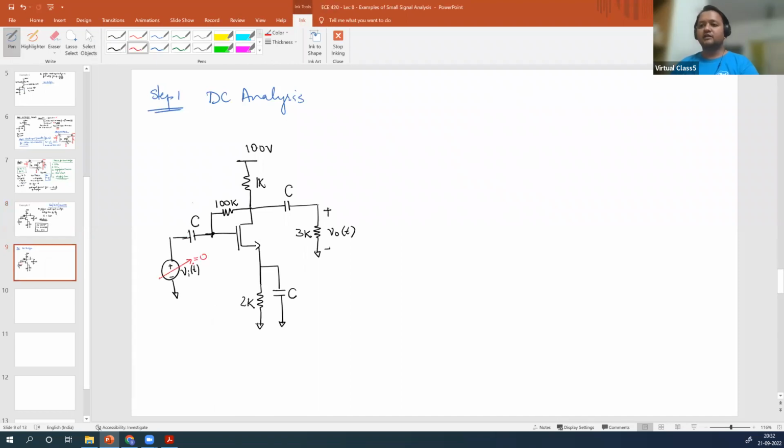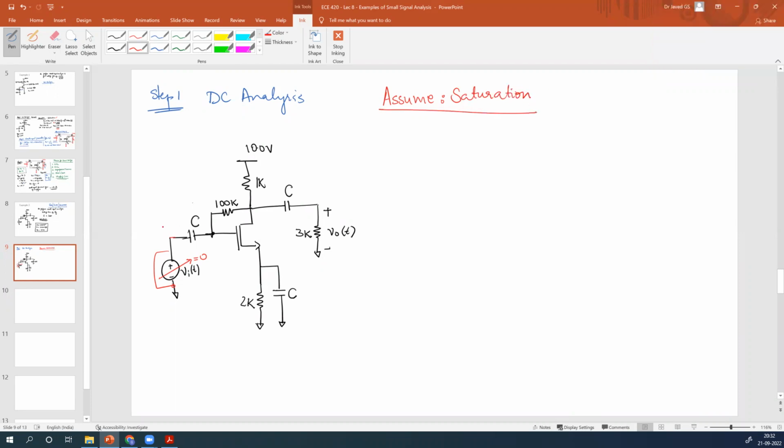This is equal to 0, so this is shorted. What else? Assume saturation. Good. Who was this? Farah, right? Yes, sir. Assume saturation is good, but even before that, what are the other values that we can see?